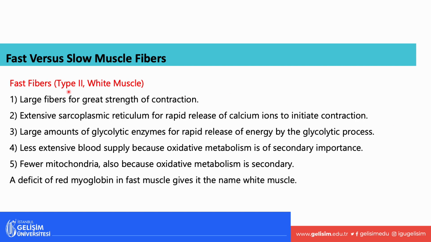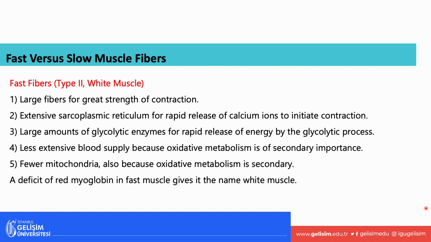Moving on to fast fibers, or type 2, sometimes they're also called white muscle fibers. They're characterized by their large size as well as their strength of contraction. They have an extensive sarcoplasmic reticulum that allows the rapid release of calcium ions to initiate contraction, and they also contain large amounts of glycolytic enzymes for the rapid release of energy through the glycolytic process.